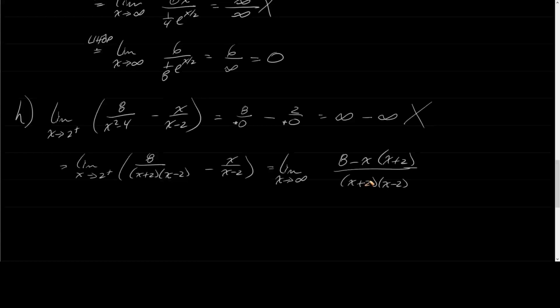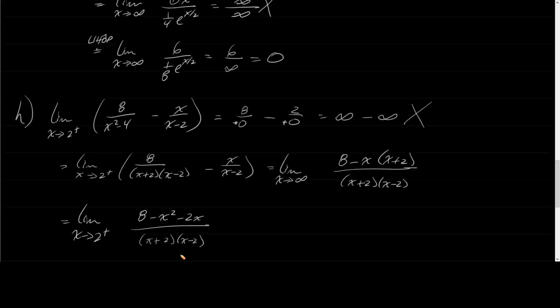Alright? And if I distribute it out, we'll end up with the limit as x goes to 2 from the right of 8 minus x squared minus 2x over, and I'll leave the bottom as it was, x plus 2 times x minus 2. Alright? And now let's see.